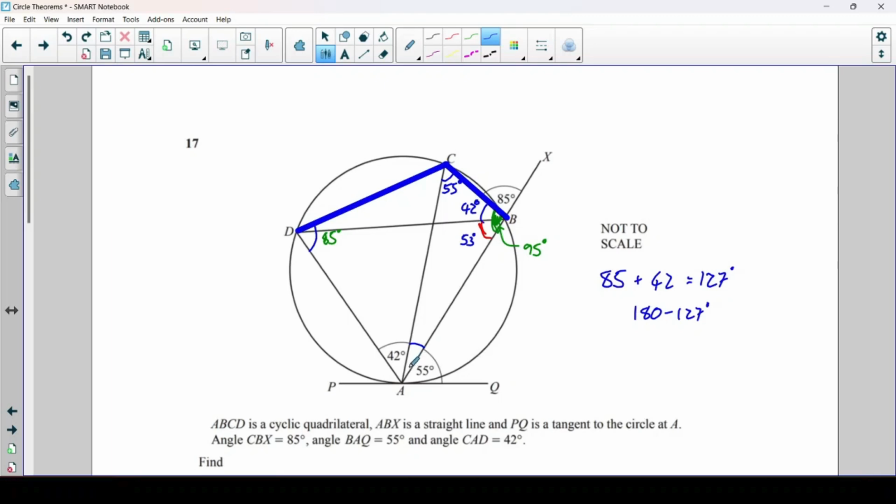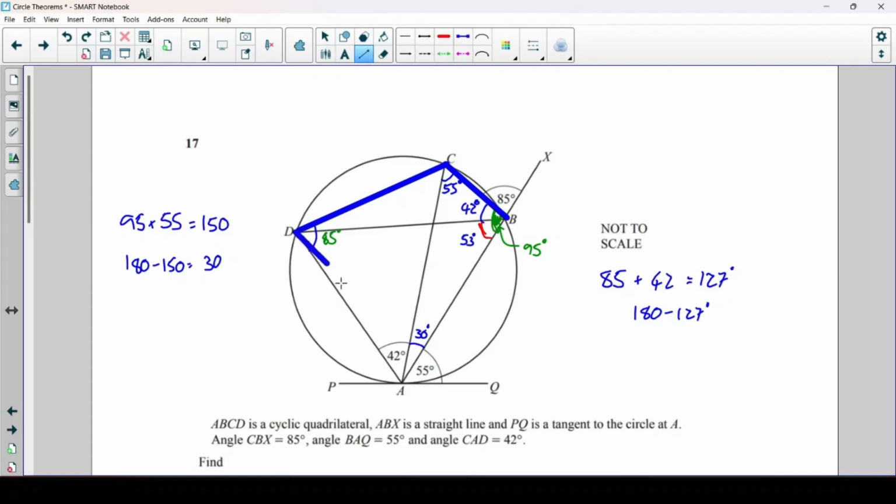Can I work out this angle? Yes, I can, using this triangle here. Okay, angles in a triangle. So this angle here is 95, this one is 55. Let's add those up. That makes 150. And then subtract that from 180, angles in a triangle, and I get 30. So this little bit here is 30 degrees.